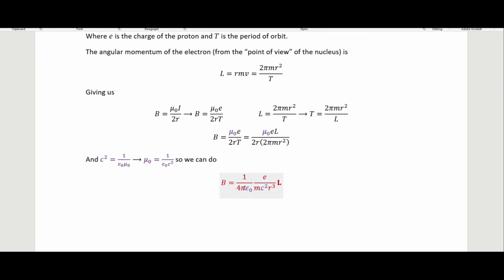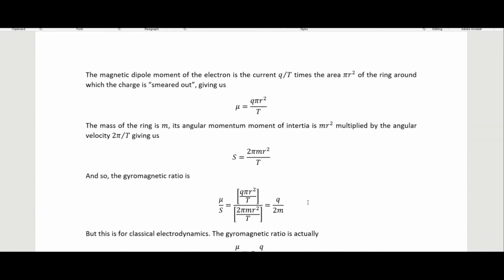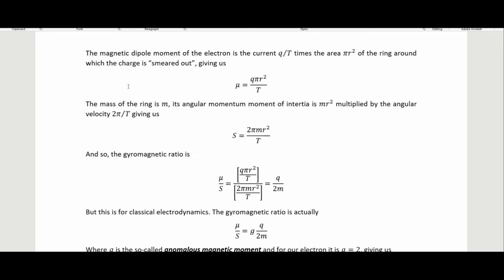So this is our magnetic field: B is equal to 1 over 4 pi epsilon naught, then e over m c squared r cubed, times this L operator, the angular momentum operator.